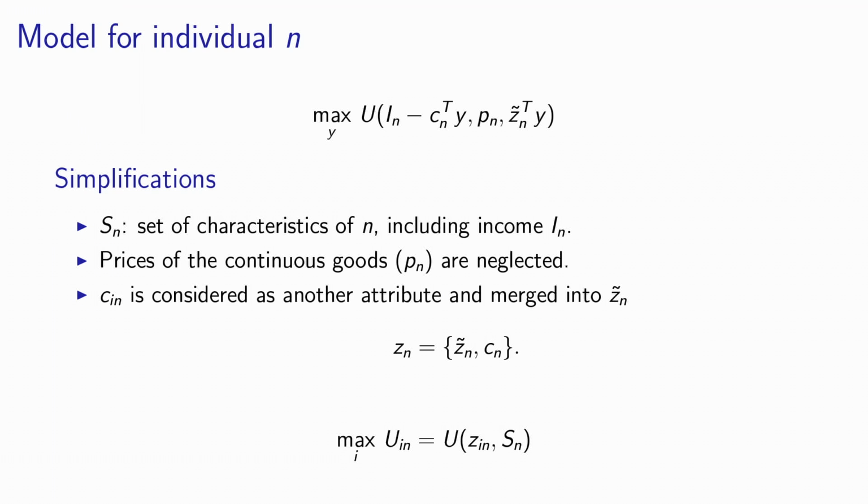So it means that to simplify, we will obtain a utility function for each alternative I, for each individual n, and this utility function will be a function of the attributes of the alternative and the socioeconomic characteristics of the decision maker. And we keep in mind that this list of attributes includes the cost, and this list of socioeconomic characteristics includes the income.